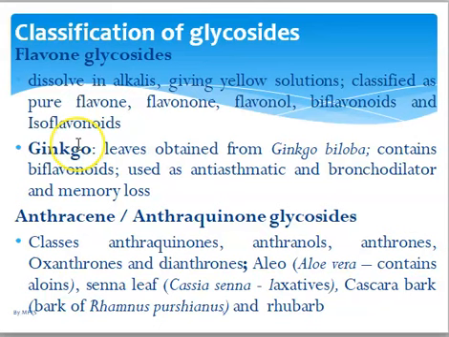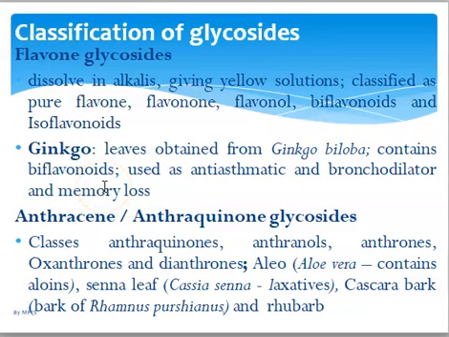The plant source is Ginkgo biloba, the ginkgo leaves, which contain bioflavonoids and are used as a bronchodilator in asthma. They can also be used in the elderly to improve memory when we have memory loss issues.